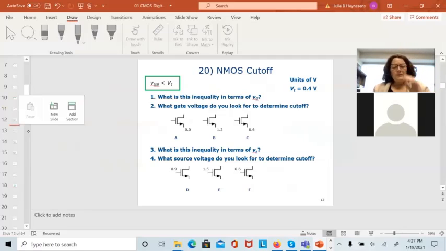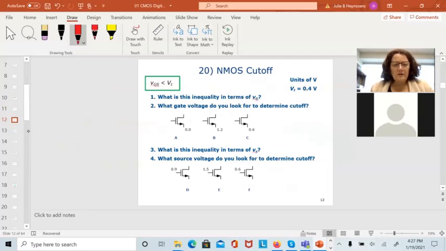Okay. So we've got a bunch of transistors here, and we want to figure out what region of operation they're in. These are NMOS because they're outies on the source. So this is the source, this is the gate, and this is the drain. Okay. Determine if it's in cutoff.